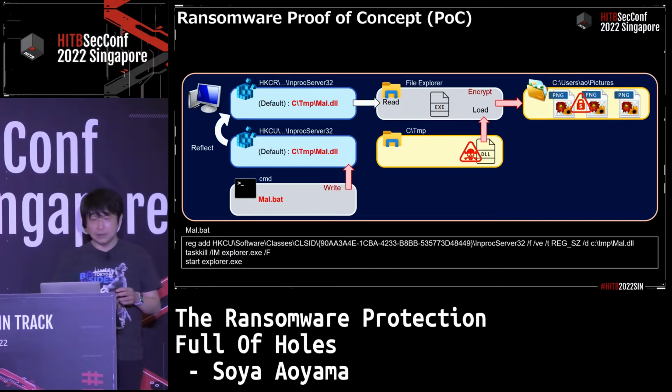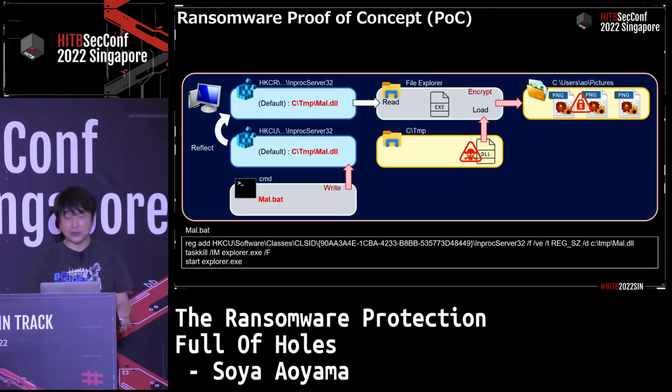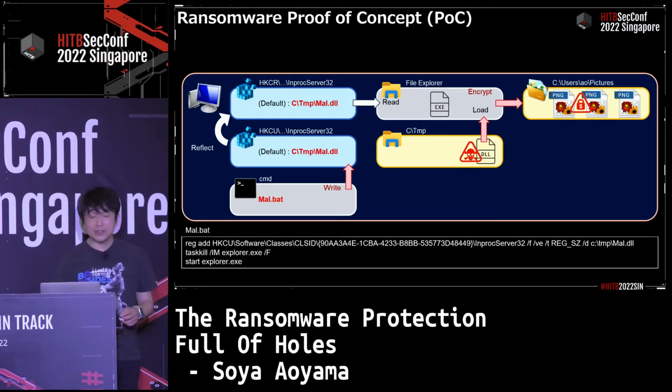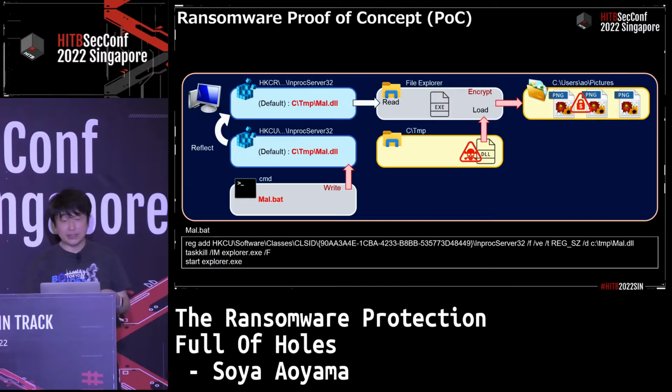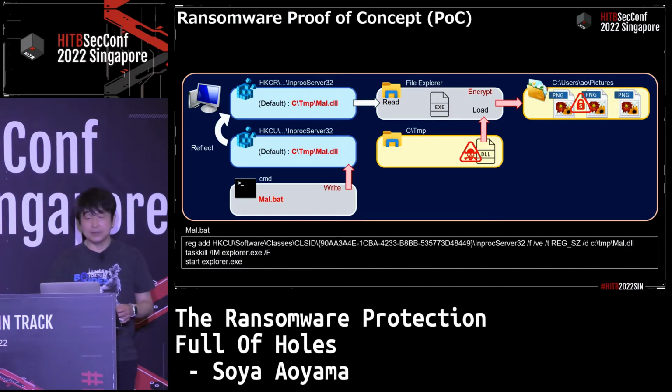When this causes File Explorer to restart, it loads the malicious DLL. The malicious DLL is executed in the File Explorer process, and it can encrypt protected files. This is a completed ransomware POC.